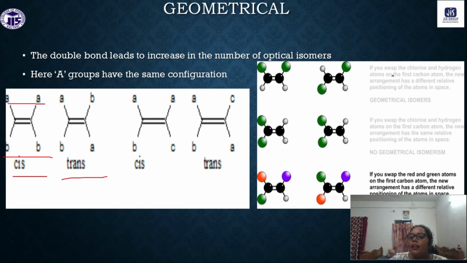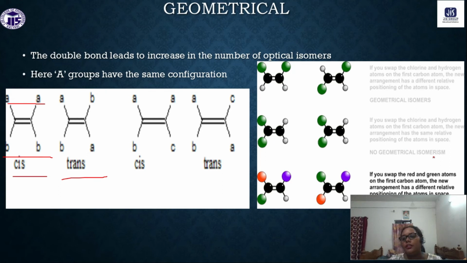If we swap the chlorine and hydrogen atoms on the first carbon atom, the new arrangement has a different relative positioning of the atoms in space. Now, in geometrical isomerism, if you swap the chlorine and hydrogen atoms on the first carbon atom, the new arrangement has the same relative positioning of the atoms in space.